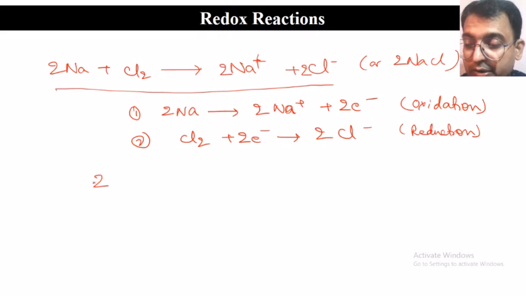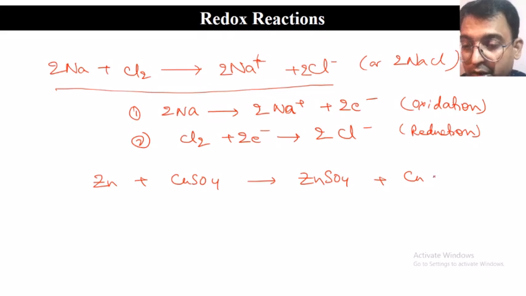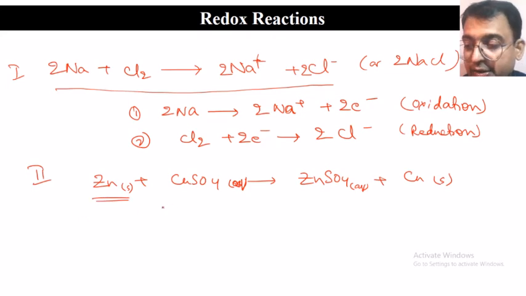Another example is zinc plus copper sulfate, which gives zinc sulfate plus copper. Zinc is solid, copper sulfate is aqueous. In this reaction, the zinc is acting as a reducing agent.